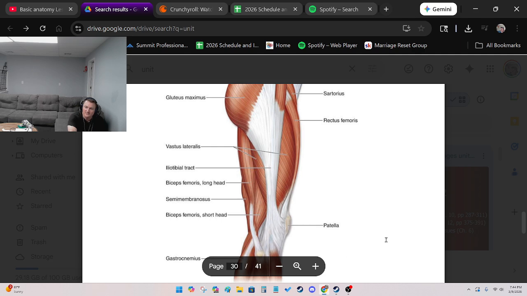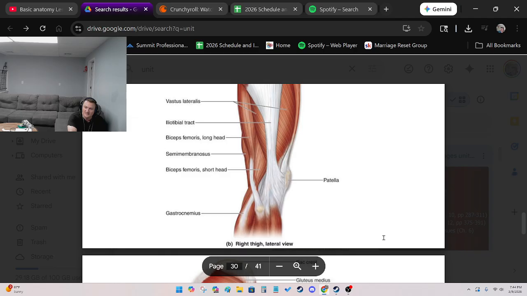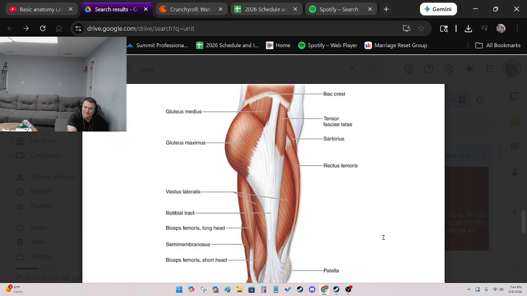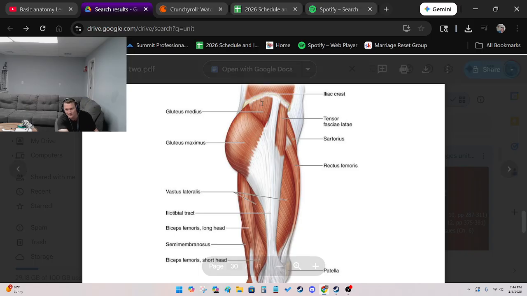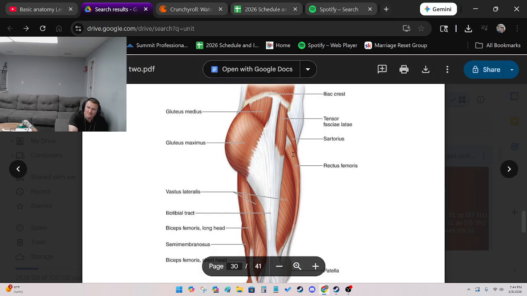Now this is pretty cool because it's giving us a really nice view of our lateral thigh, the gluteus maximus looking fabulous, and then gluteus medius, it goes underneath, deep to gluteus max, but it does make an appearance superior to it right there. Okay. The iliac crest is just like the crest of the hip there.